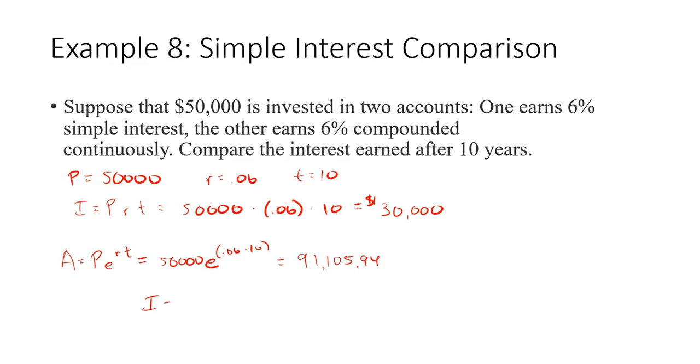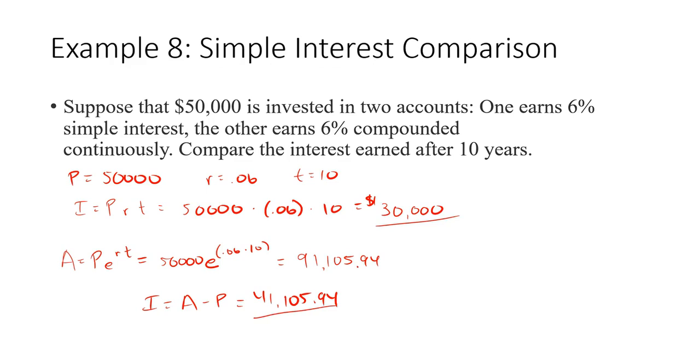To find the interest, we're just going to do the future value minus the principal. So if we subtract 50,000 from that, you're going to get $41,105.94. And so the amount of interest earned after 10 years on a simple interest account is only $30,000. You earn an extra $10,000 on the compounded continuously account.